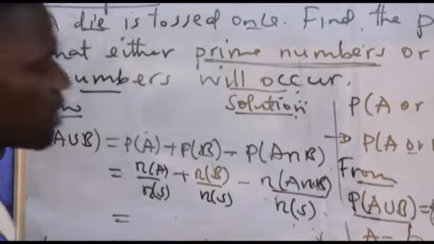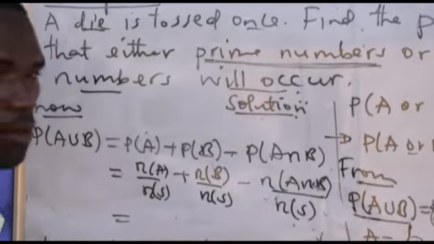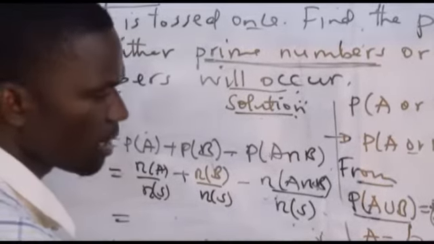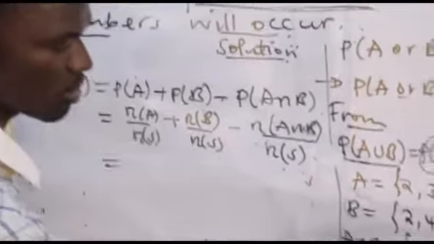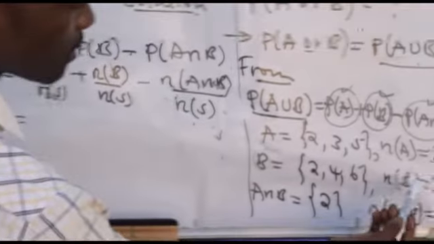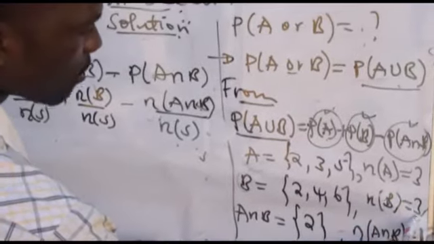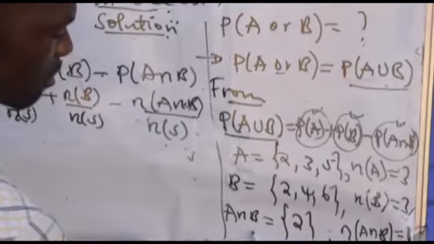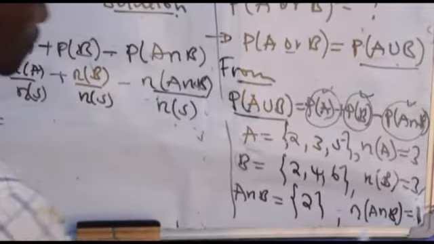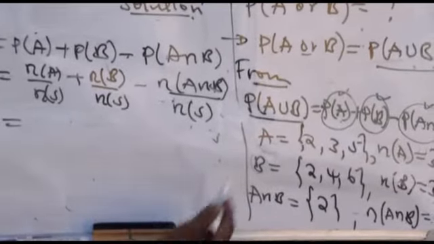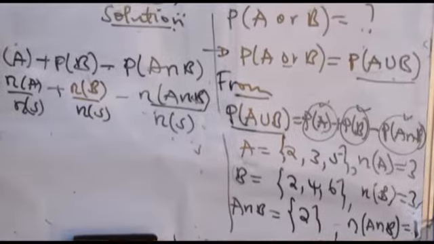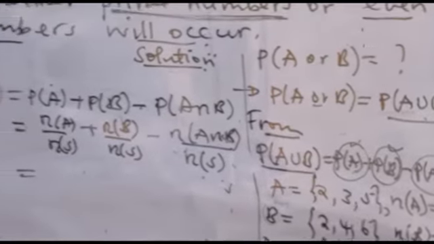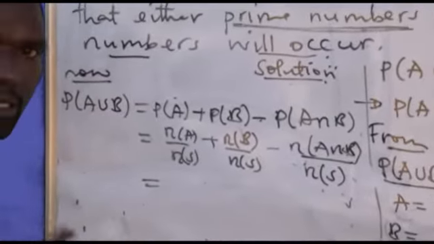So you plug in the information which is available. Let's come back to the information we extracted. The number of A is 3, the number of B is 3 again, the number of A intersection B is 1, and the number of sample space, because this experiment involves a die, is 6.